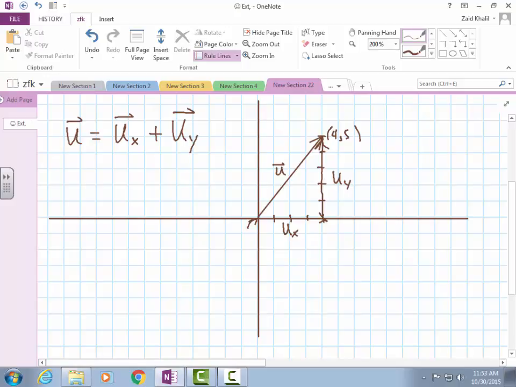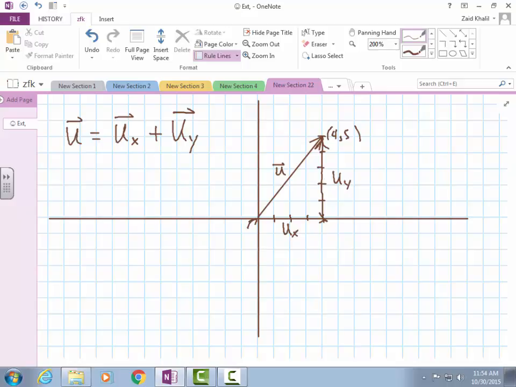And so now, there's a word for this. The word for this is called an orthogonal basis. And what an orthogonal basis is saying is that a basis is a coordinate system. An orthogonal basis means that your coordinates are perpendicular to each other.